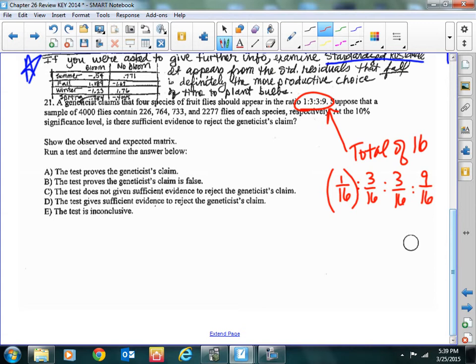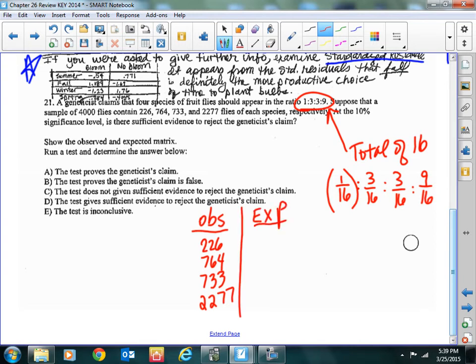So when I have 4,000 as my total size, I can say that my observed are these: 226, 764, 733, and 2277. And then to get the expected, for the first one, I say 1/16 of the 4,000.